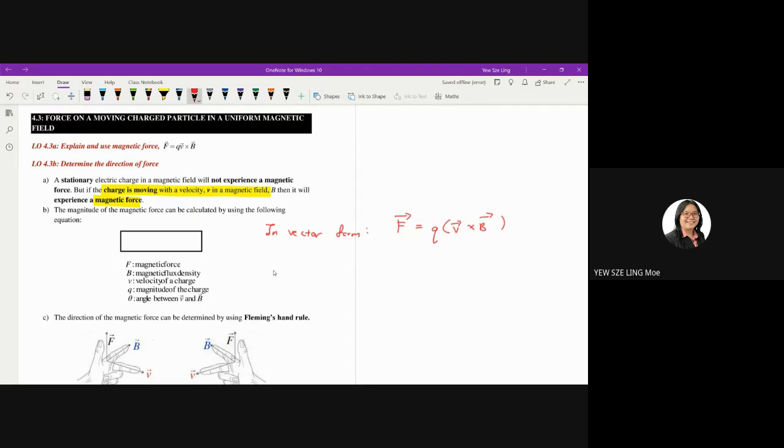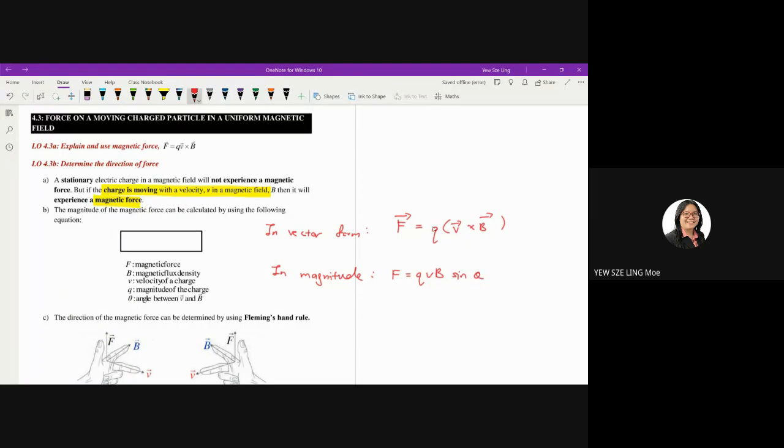And when you change it into magnitude form, you want to use it to calculate magnitude. In magnitude, the equation is F equals to QVB sine theta.